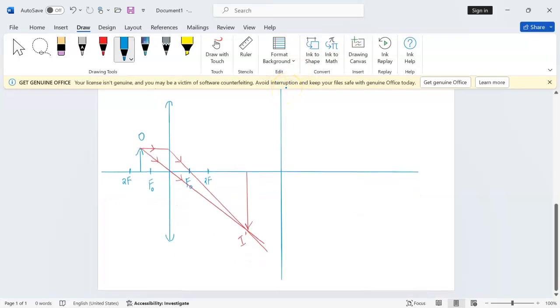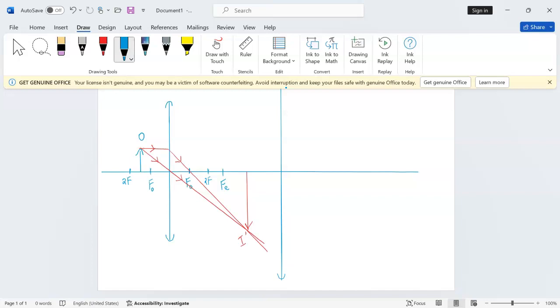But now the adjustment for the eyepiece lens is made such that the image, which now becomes object, lies between the lens and its principal focus, F, but denoted FE.